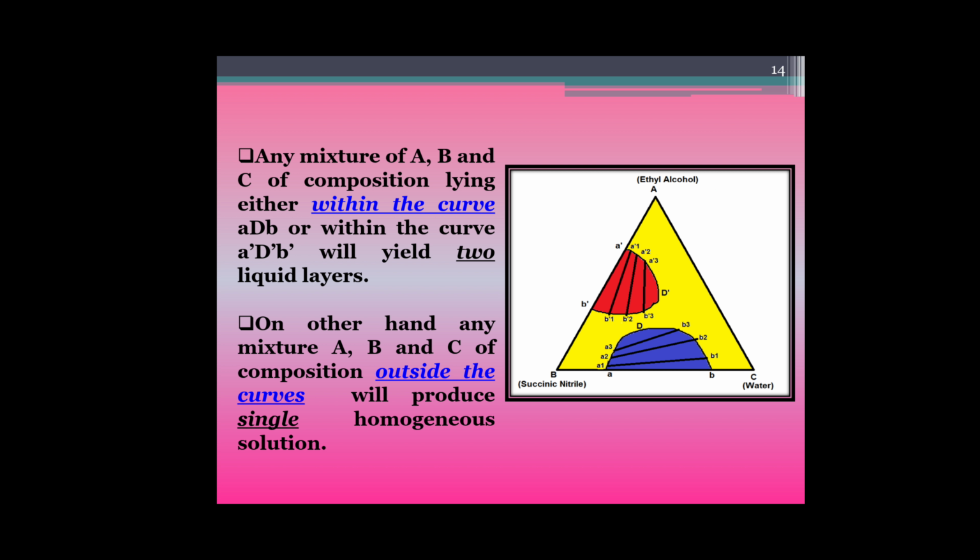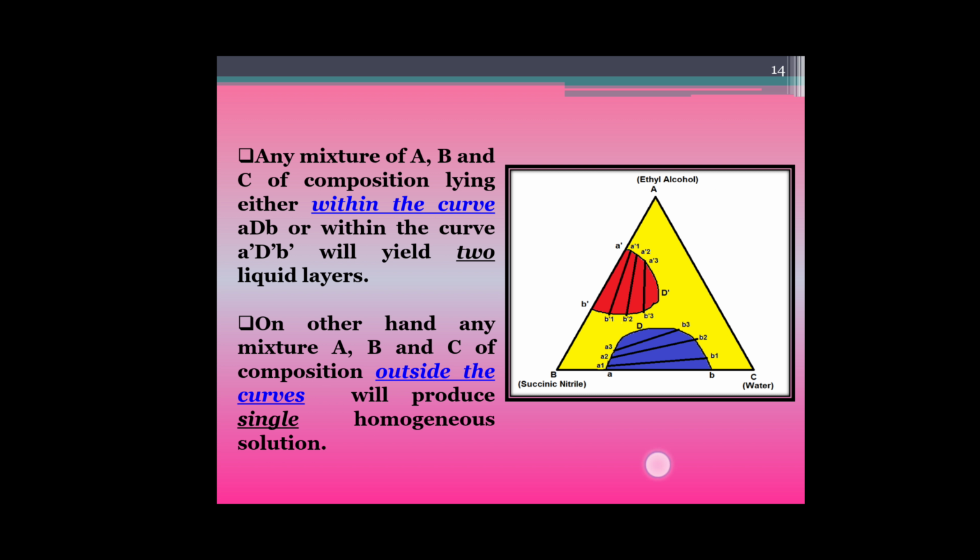On the other hand, any liquid mixture of A, B and C of composition outside the curve will produce a single homogeneous solution. Here in this diagram, the area outside the curve is shown by the yellow color portion. This yellow color portion shows the presence of a single homogeneous solution or single liquid.